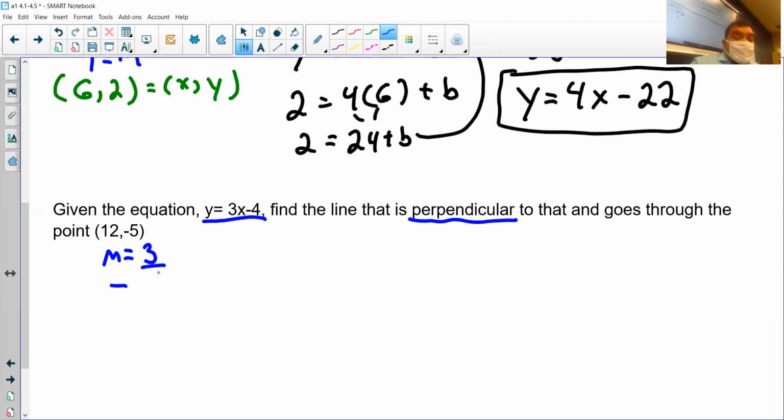So I'm going to write this original one. I'm going to call it m_o, the slope of the original. You know because it's perpendicular. So the original is 3. Because I have to reciprocate it, I need to make it a fraction.